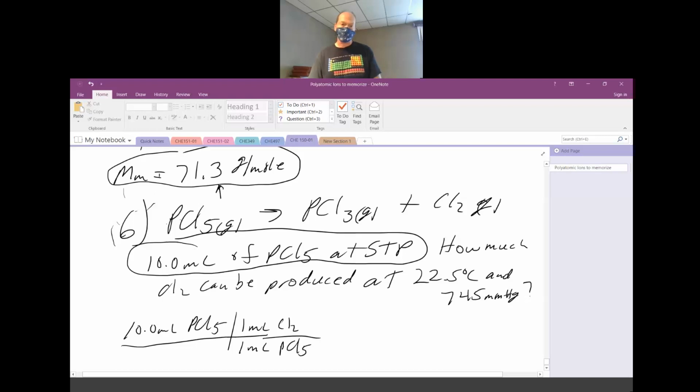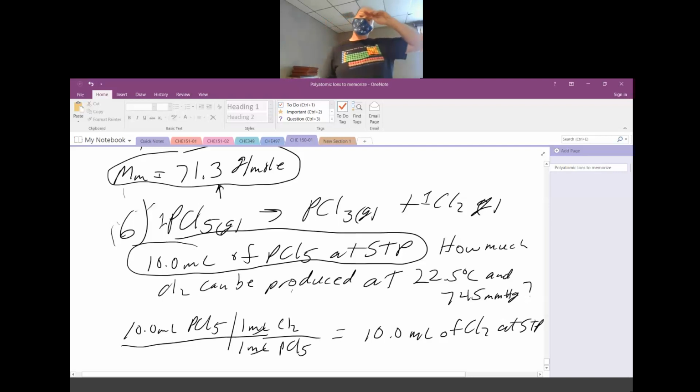Whatever volume units you're using, they just have to be the same. Because of the balanced chemical reaction, 1 mil will produce 1 mil of Cl2. And so what we have is 10 milliliters of Cl2 at STP.